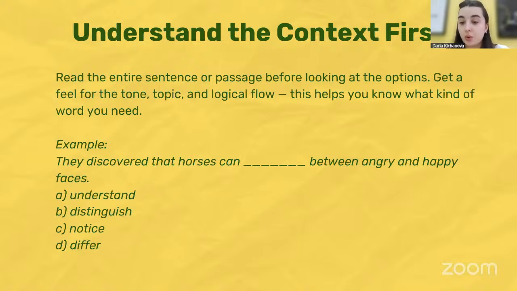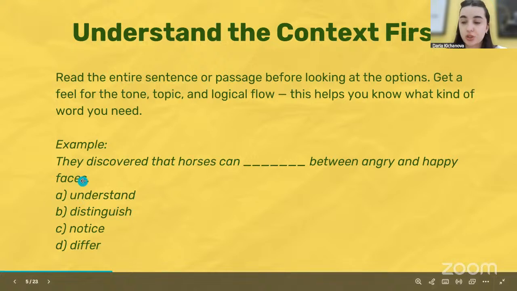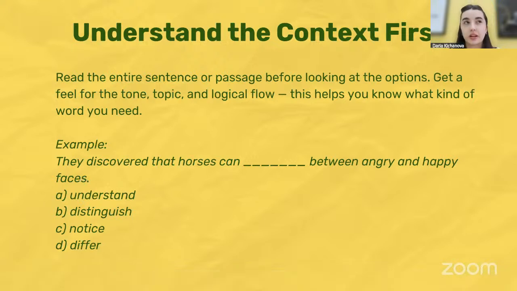And we are talking about how they can see what emotions people have, angry or happy. So not even looking at the options, you can think, okay, I would say that the horses can see how faces are different.